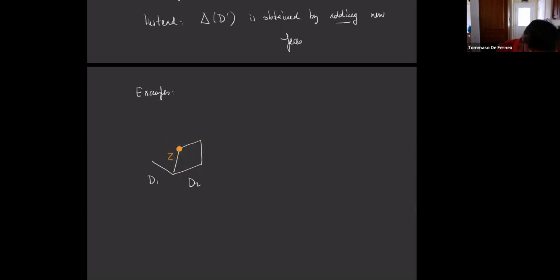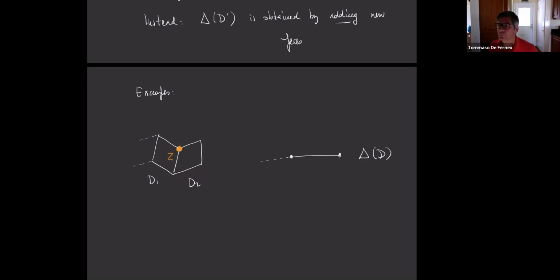Maybe there are other divisors here that I'm not picturing. So now let's look at the dual complex. The dual complex of D, in this case, there is this one segment here, and maybe the dual complex continues.